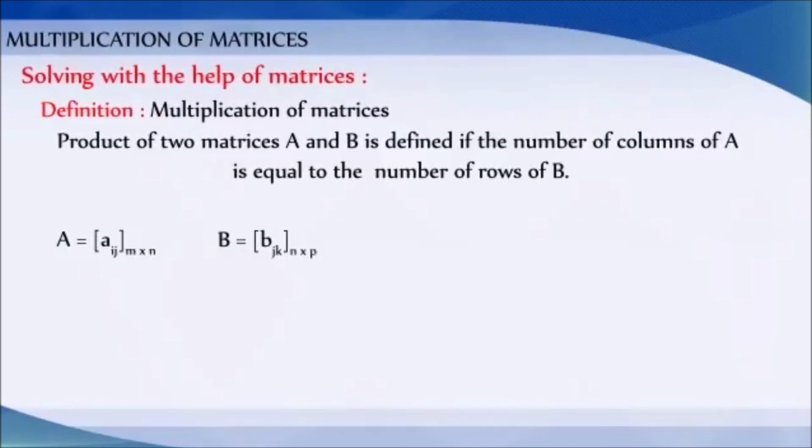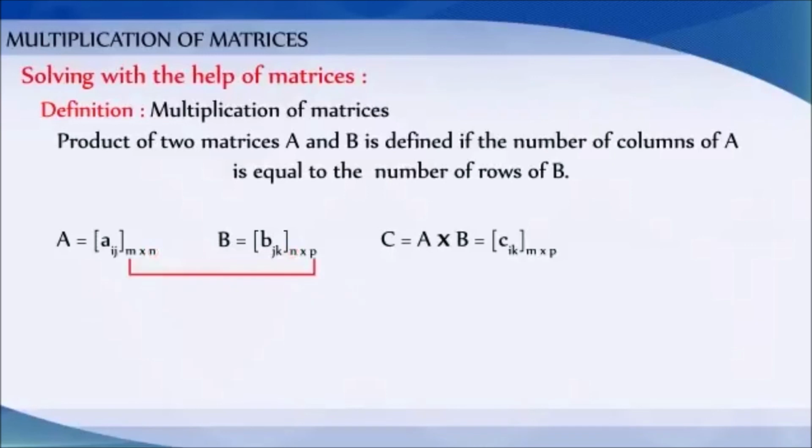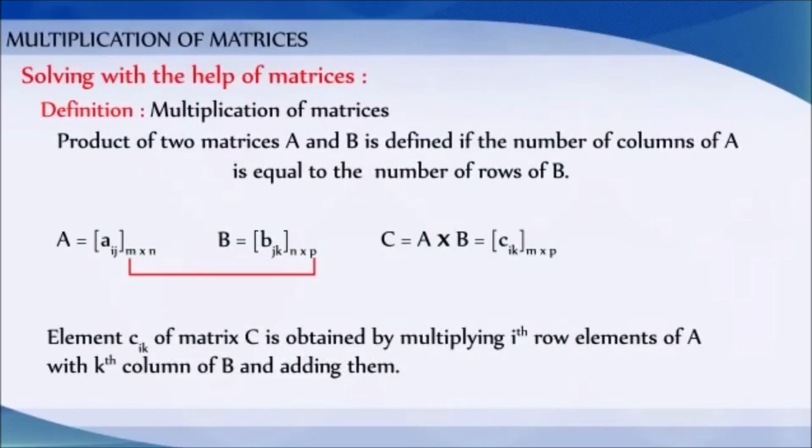Then the product of the matrices A and B is the matrix C of order m by p. To get the ikth element Cik of the matrix C, we take the ith row of A and the kth column of B, multiply them element-wise and take the sum of all these products.